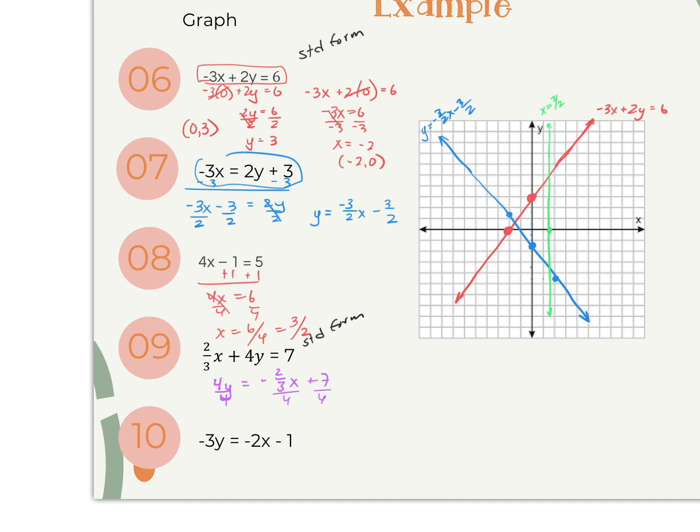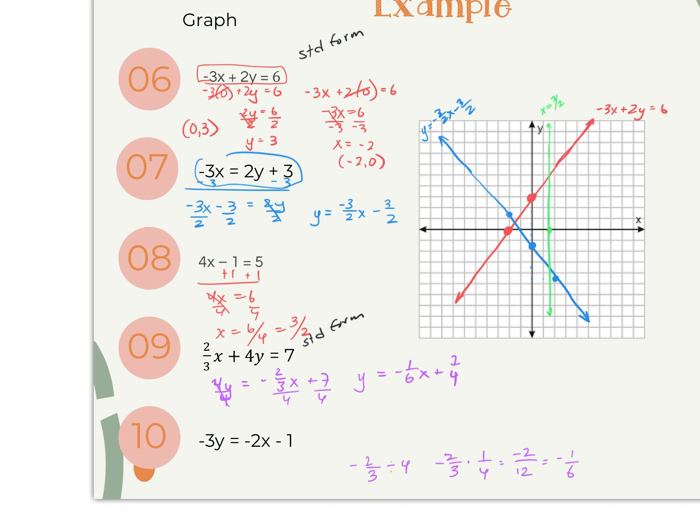So let me show you how to do that a little easier. So I'm going to get y equals, now negative 2/3 divided by 4 is the same as negative 2/3 times 1/4, which means negative 2 over 12, or negative 1/6. So negative 1/6x plus 7 over 4.